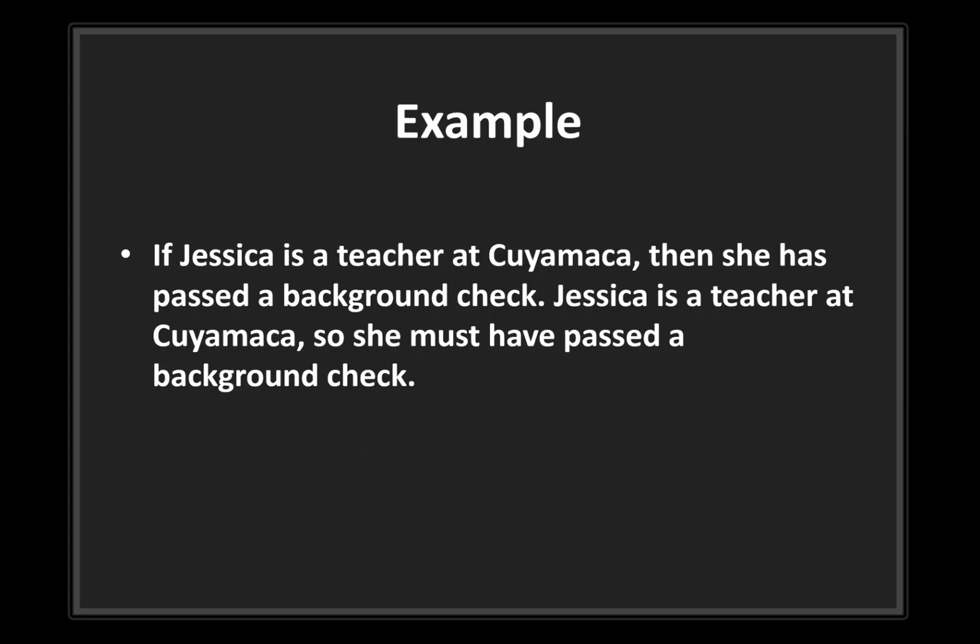So next, if Jessica's a teacher at Cuyamaca, then she has passed a background check. Well, Jessica is a teacher at Cuyamaca, so she must have passed a background check. So we've got if X, then Y. So here is your X, here is your Y. And then the second premise says, well, indeed, Jessica is a teacher at Cuyamaca.